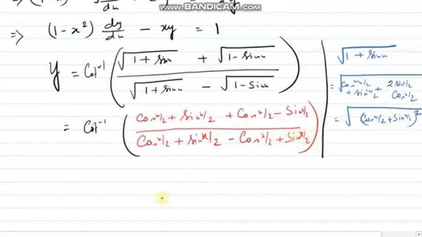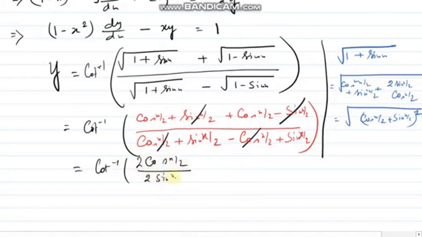Just put the subtraction sign before the bracket, simplify, and you will get this answer. So this will be cancelled out, this will be cancelled out, so it will become cot inverse of 2 cos x by 2 divided by 2 sin x by 2. So the 2 cancels out, and it will be cot inverse cot x by 2.